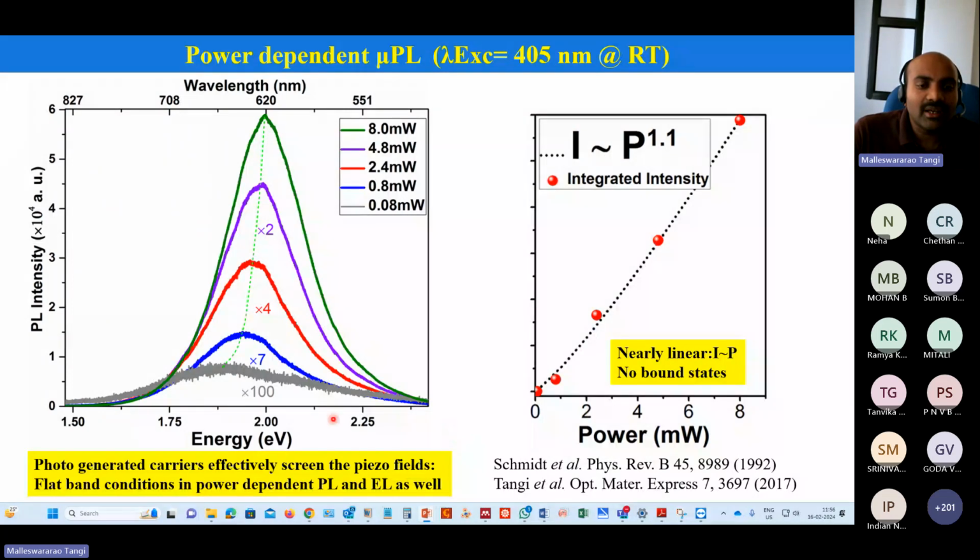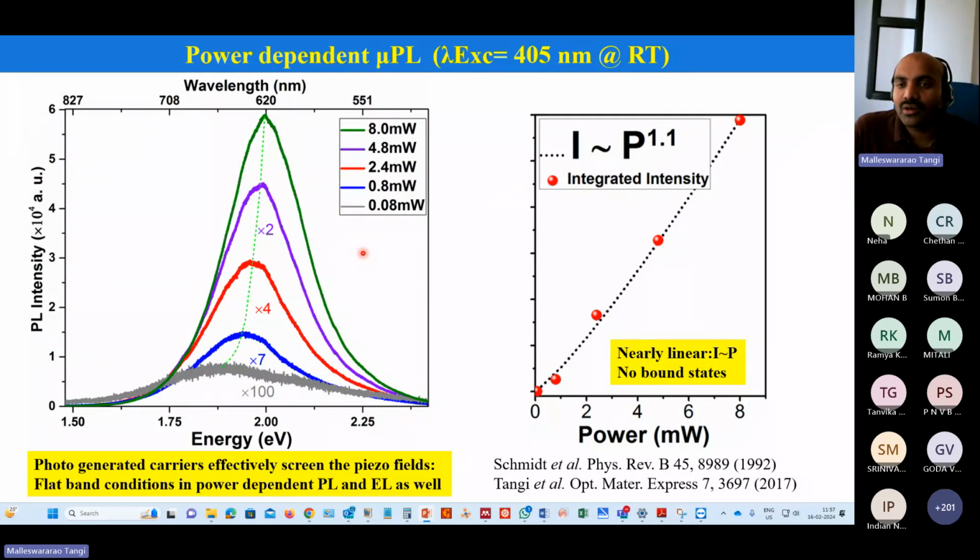With increasing power, again we observe a blue shift in the PL emission, which means that these photo-generated carriers screen piezoelectric fields. Hence you observe a blue shift. Basically, it suppresses the quantum confined Stark effect.